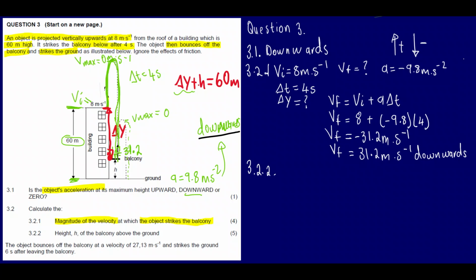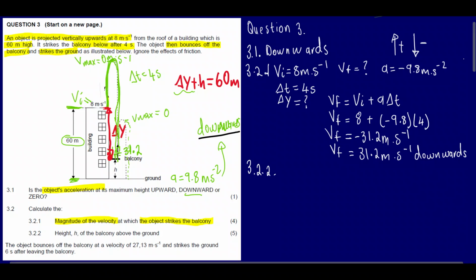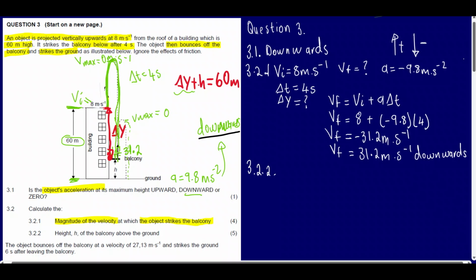So we consider the starting position and the ending position of the object to work out the displacement. That would give us the distance from the highest point of the building to the balcony, which would help us to calculate the actual height. So let's get straight into that question.